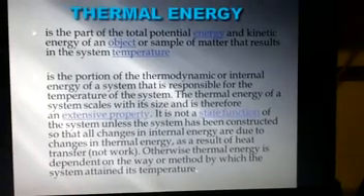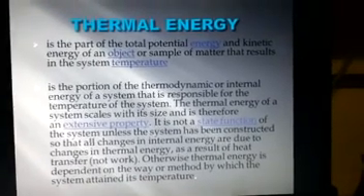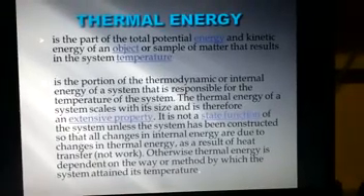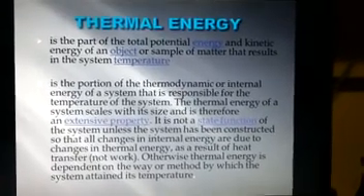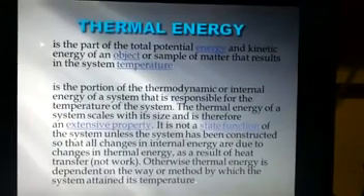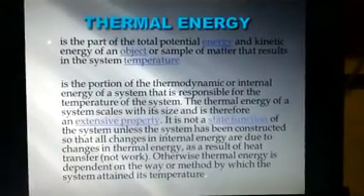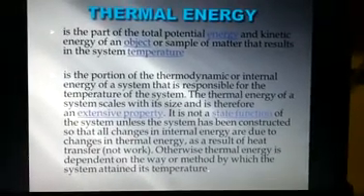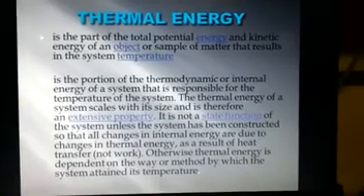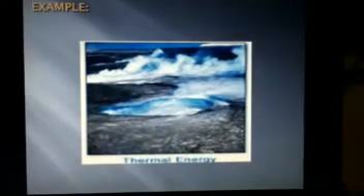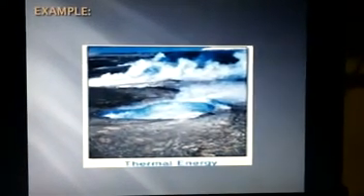It is not a state function of the system unless the system has been constructed so that all changes in the internal energy are due to changes in thermal energy as a result of heat transfer, not work. Otherwise, thermal energy is dependent on the way or method by which the system attains its temperature. So this is an example of a thermal energy.